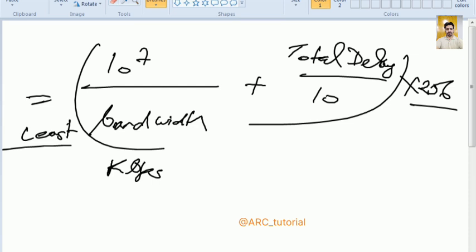If you want to see the actual formula for the calculation of metric in EIGRP, let me show you.